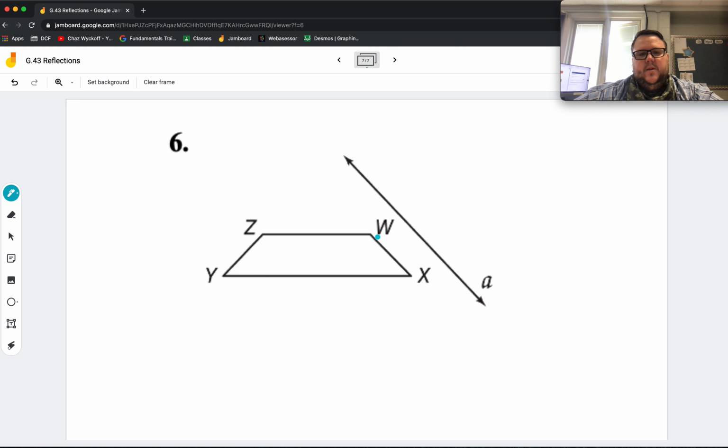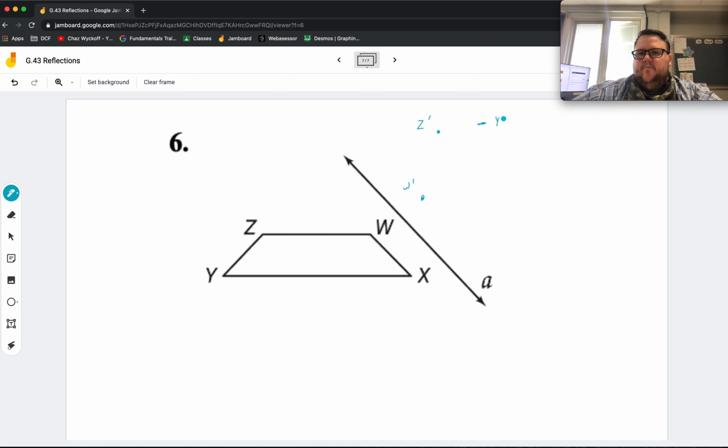So now let's do the last one. W, perpendicular distance would be right here. So that would be W prime. Z, perpendicular distance is here. So that'll be Z prime. Y, we'll label that Y prime.